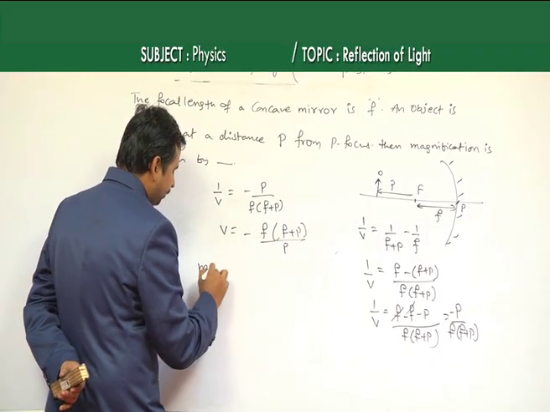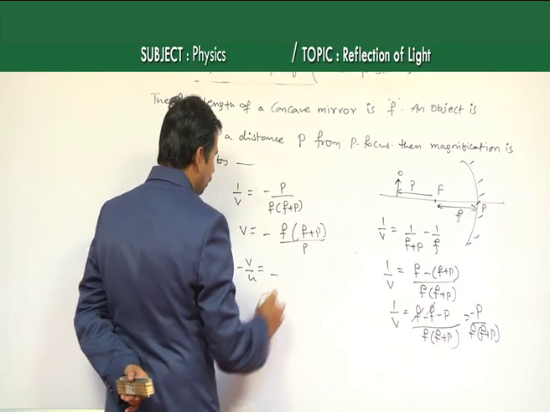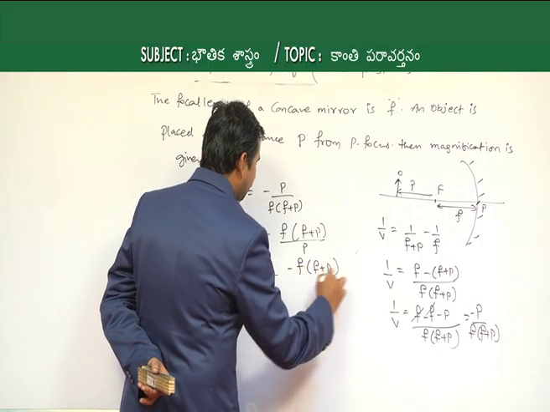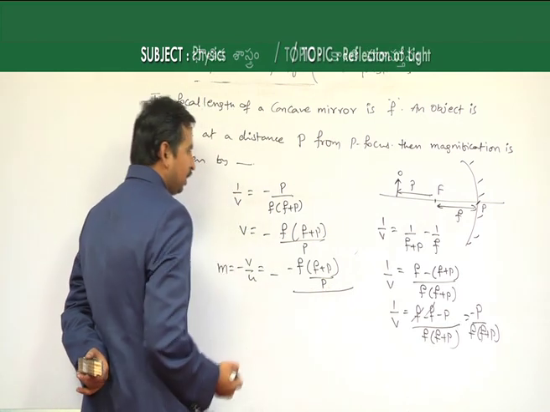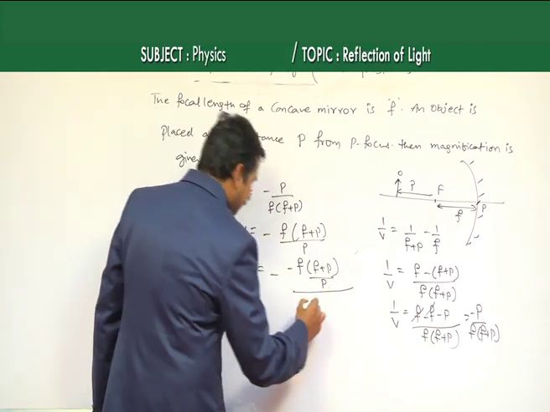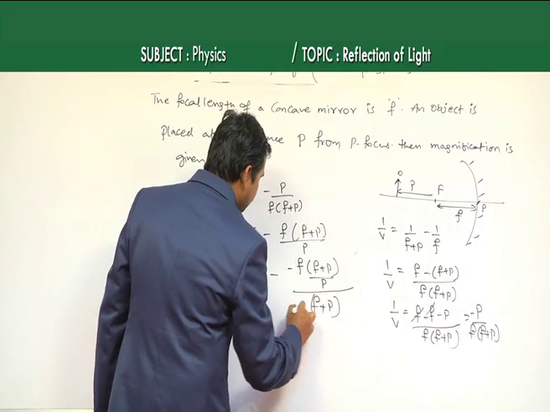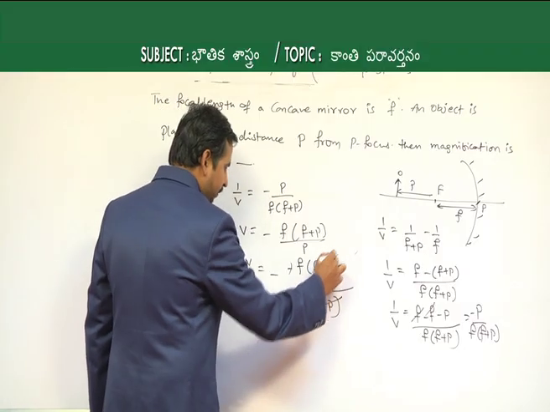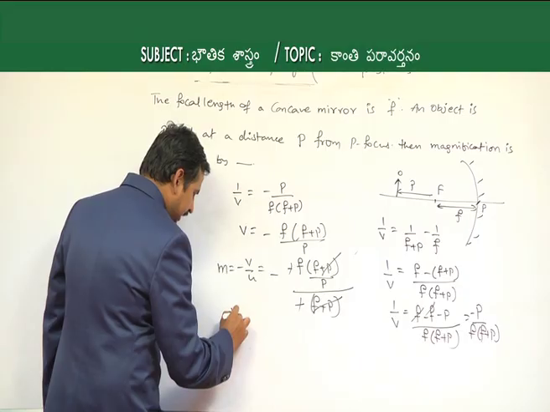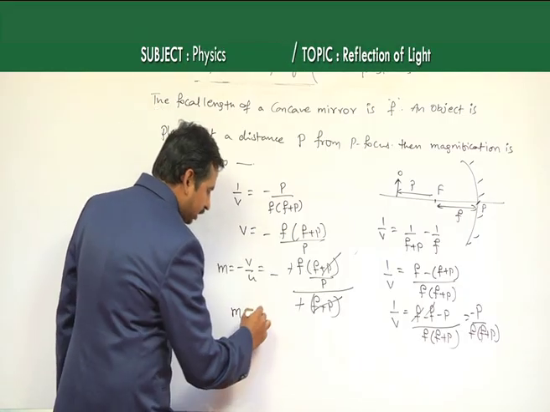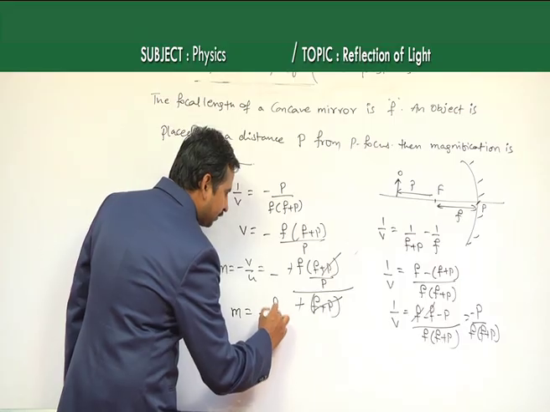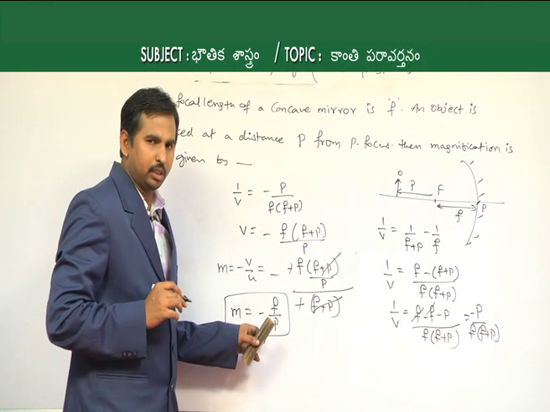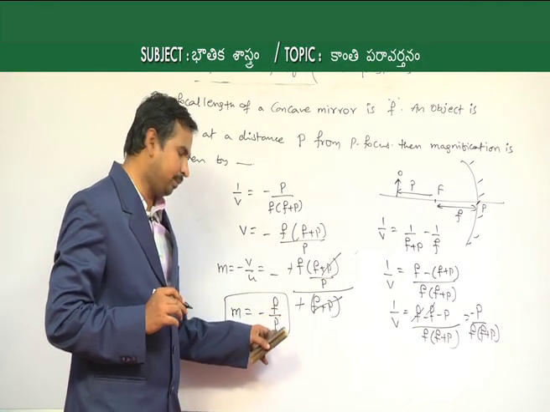Then magnification m, which is -v/u, is equal to minus of v, which is -f(f + p)/p, divided by the object distance, which we got as f + p. For the object distance also there is a minus present, and this minus gets cancelled, and f + p also gets cancelled. Then the magnification becomes m = -f/p. This minus represents that an inverted image is formed, and we got the ratio f/p.